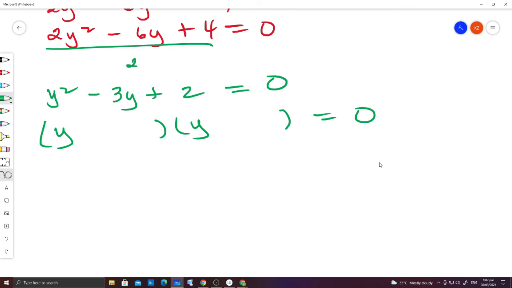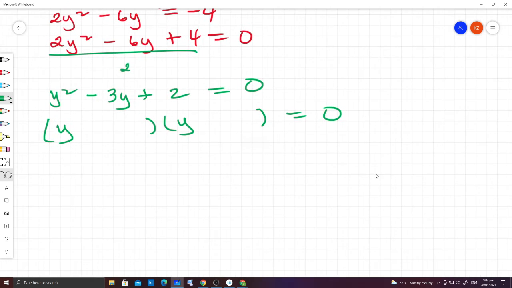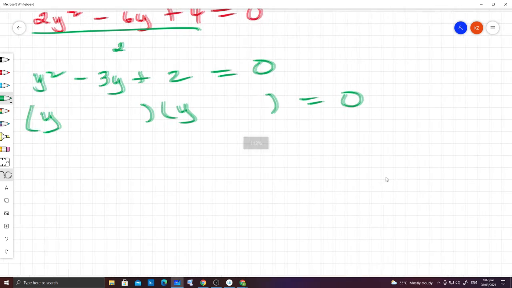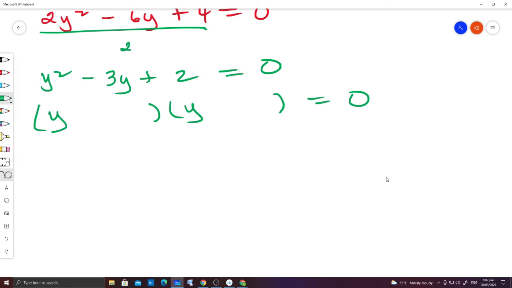Any idea? You can do it. Since this is negative, don't use the positive factor, because there is a negative here.